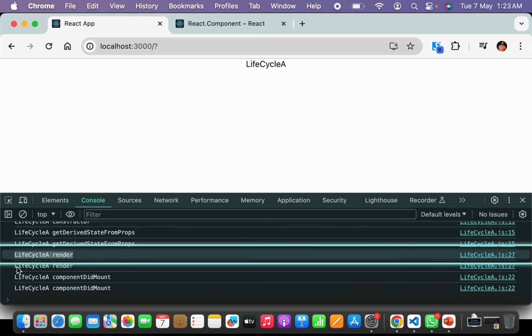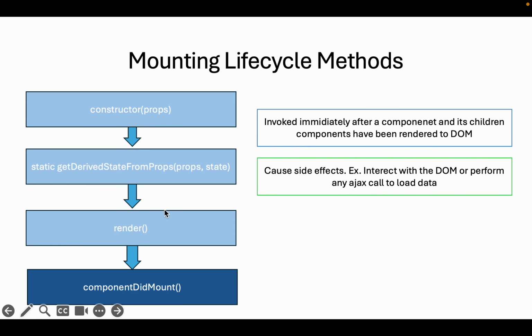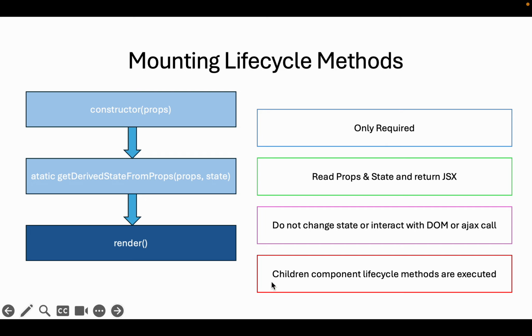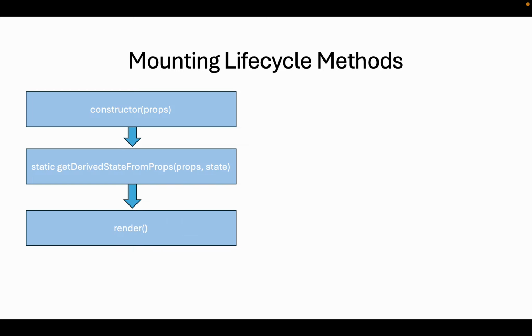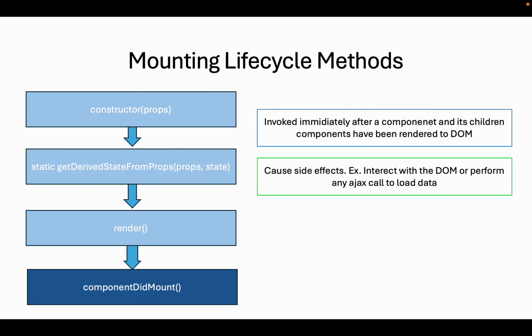Third one is render, and the fourth one is componentDidMount. As we have discussed, the methods are rendering in this same sequence. In this tutorial we had learned that the lifecycle methods of the child component are executed before the parent's componentDidMount appears in the log or on the screen.